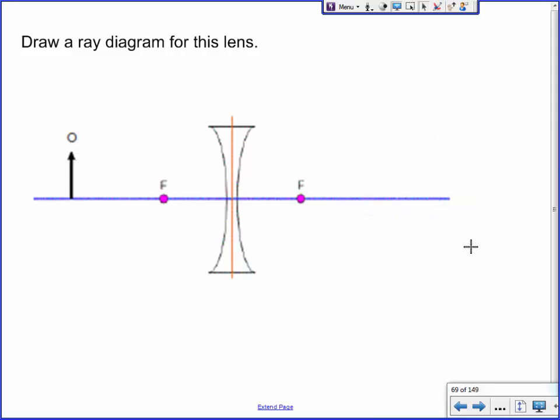Okay, let's do the easiest one first. Anything that passes through the center goes undeflected. So I'm going to take a line from the top of my object, and I'm going to run it directly through the center and do literally nothing to it.